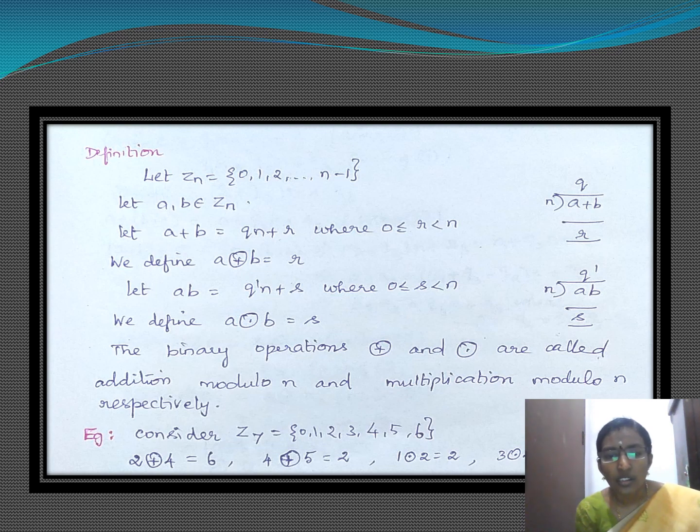That is, to find 4 plus circle 5, we have to add 4 and 5, which is equal to 9. Then we have to divide 9 by 7. We get the remainder 2. Therefore, we get 4 plus circle 5 is equal to 2. Likewise, 1 dot circle 2 equals 2 and 3 dot circle 2 is equal to 6.